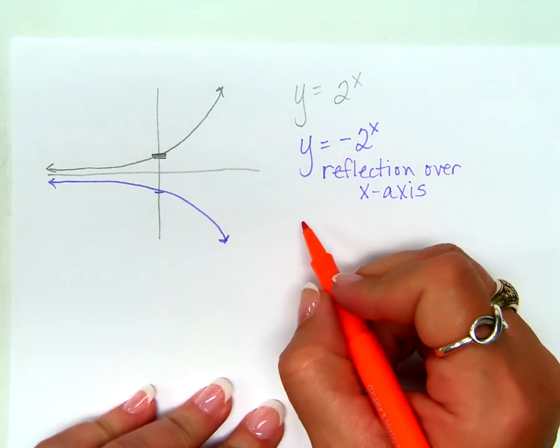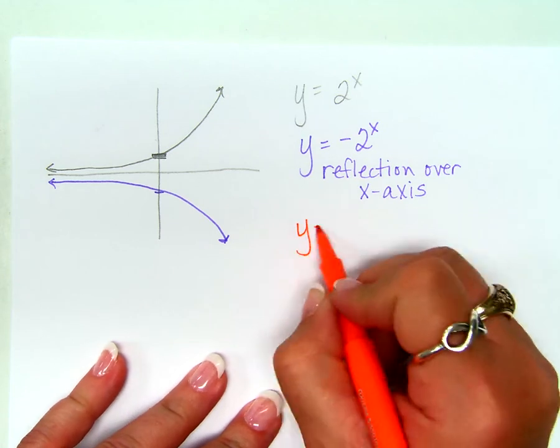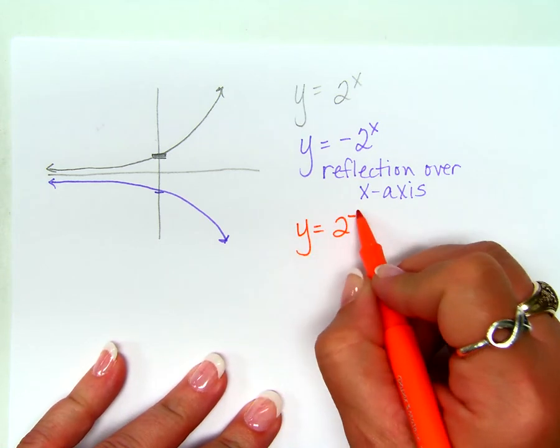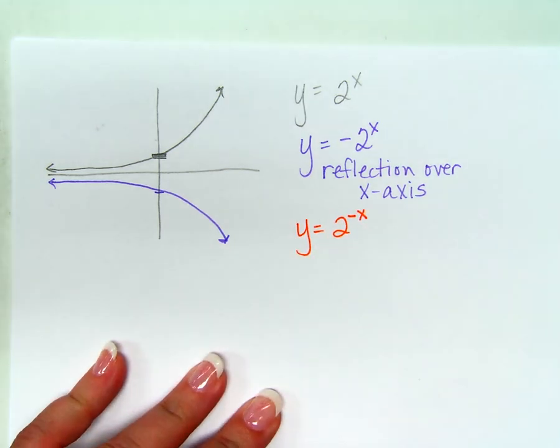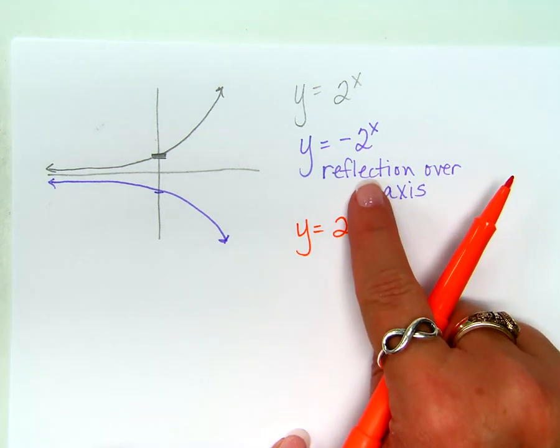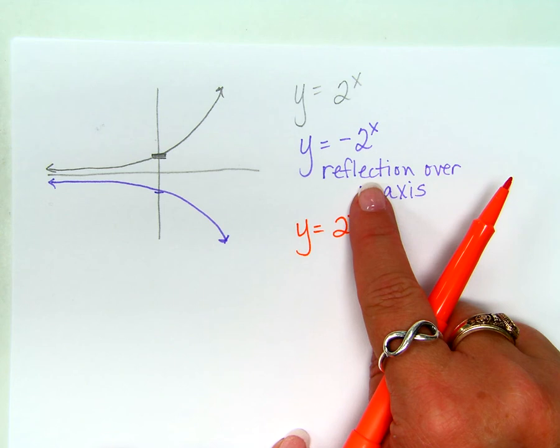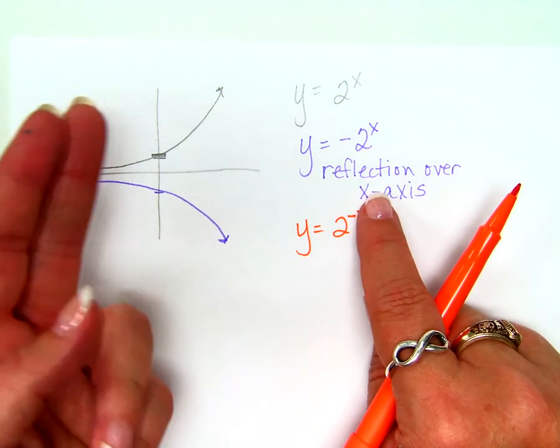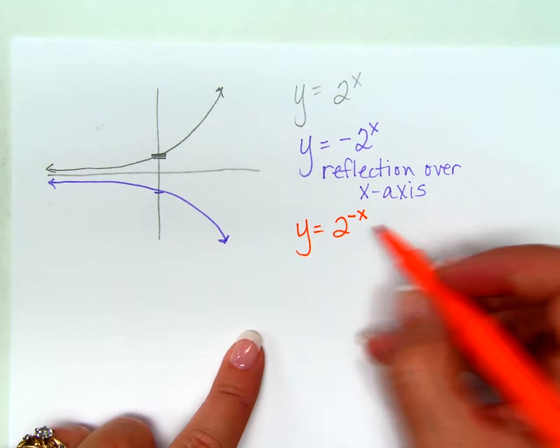So we talked about this a little bit a second ago. What do you think it's going to look like if it's this? Is that inside or outside? It's inside. So it's a negative, so it's still going to cause a reflection. But it's going to be a horizontal change this way. Yeah, absolutely.